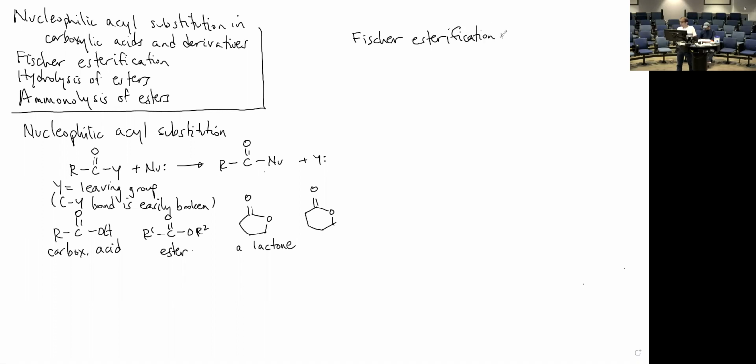And as the name implies, it implies making an ester. What we're going to do is making an ester from a carboxylic acid and an alcohol. And the reaction does require an acid catalyst. Needs acid catalyst in order to go at any appreciable rate of speed.